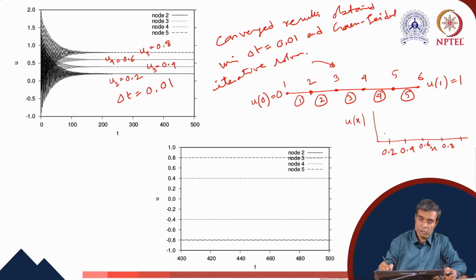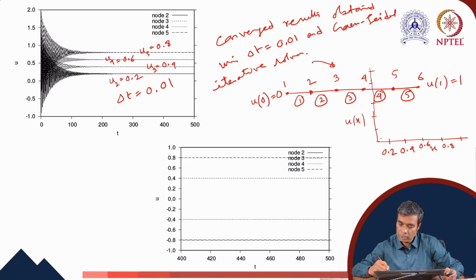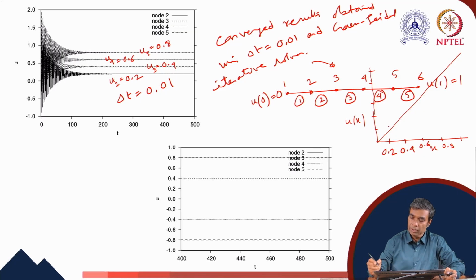At x equals 0.2, our u is also 0.2. At x equals 0.4, our solution is also 0.4. At x equals 0.6, our solution is 0.6. At x equals 0.8, our solution is 0.8. And at x equals 1, our solution equals 1. So we get a straight line for the solution.